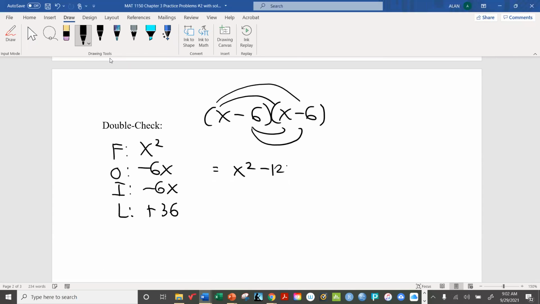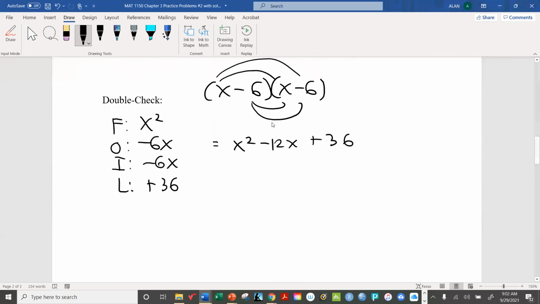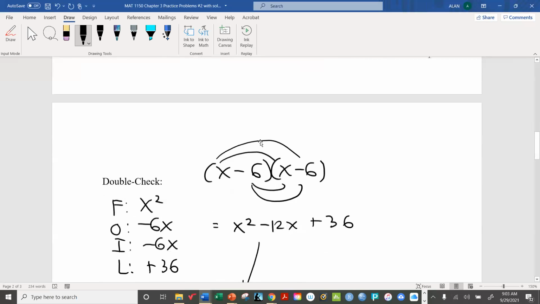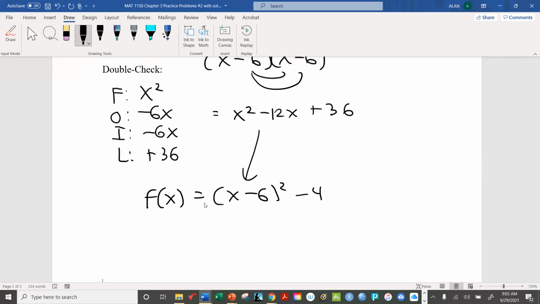x squared minus 12x plus 36. So that means that when you write f of x equals x minus 6 squared minus 4, since this is the value of x minus 6 squared, this expression equals x squared minus 12x plus 36 minus 4.